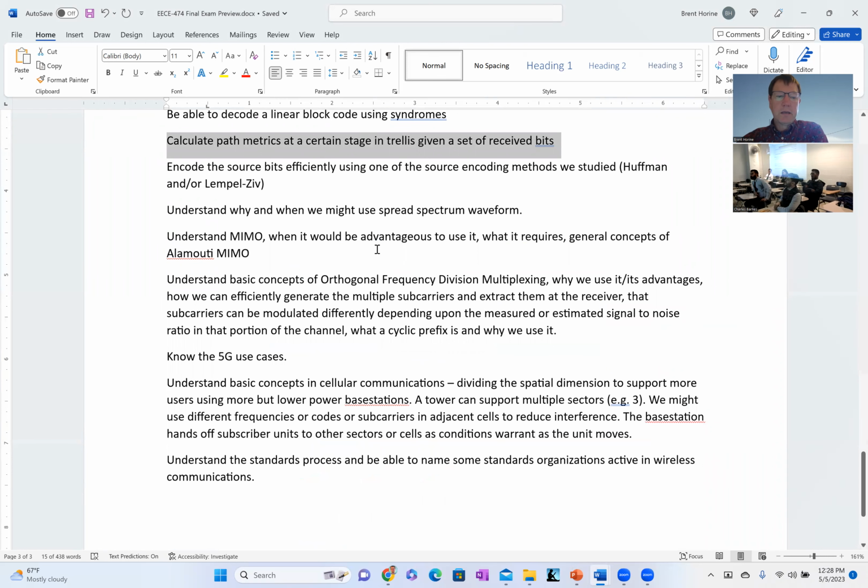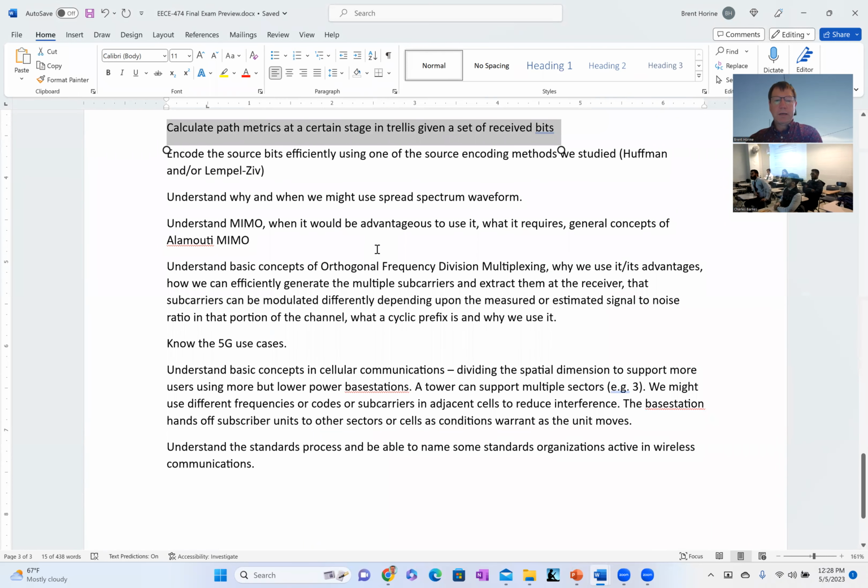Then also understand why and when we might want to use spread spectrum waveforms, right? The main thing is to overcome narrowband jammers or interference, that type of thing. So if we are using just enough bandwidth to communicate, Shannon's capacity theorem says we need a certain amount of bandwidth given a certain signal to noise ratio.